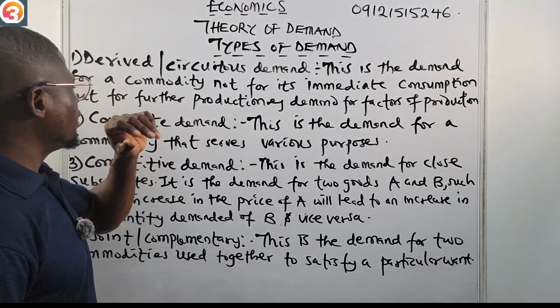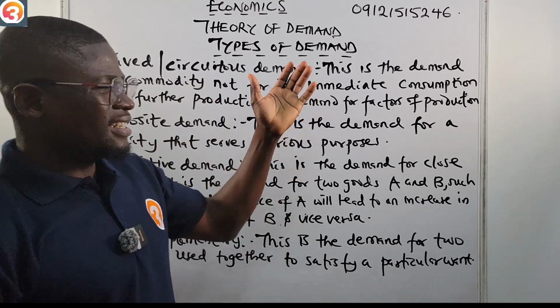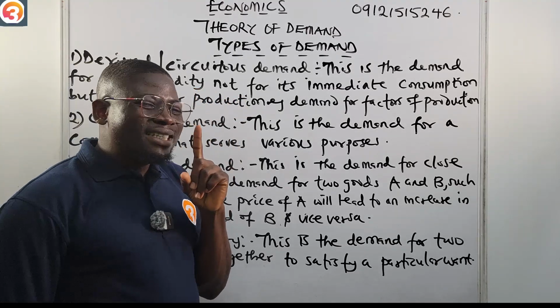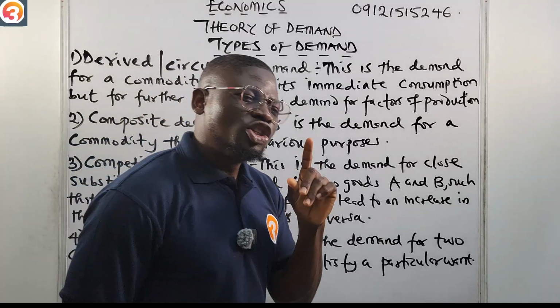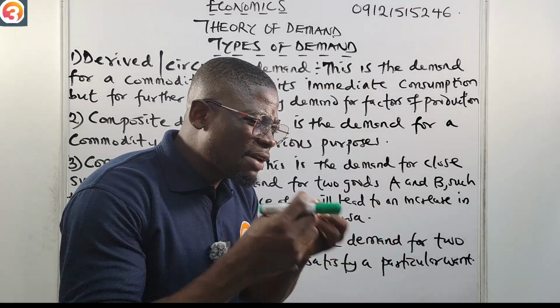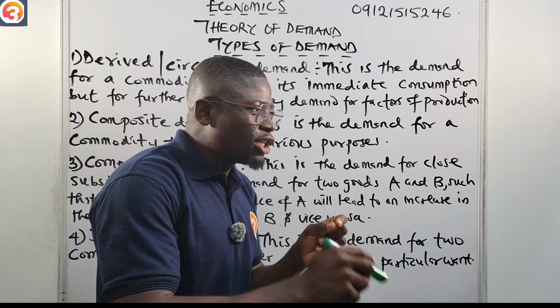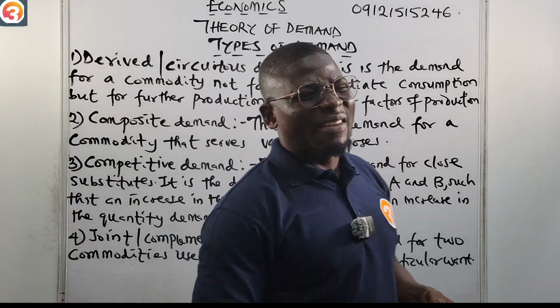Now for the first one, derived demand, we also call it circuitous demand. We say it's the demand for a commodity, not for its immediate consumption, but for further production.